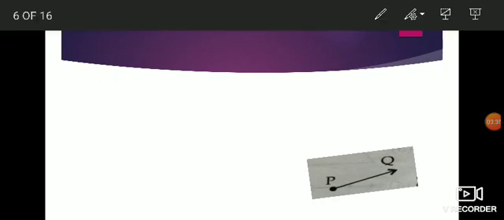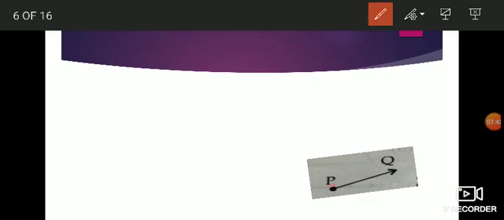Now the next topic we will see. These things are very important in geometry students, so pay attention. See in this figure, it is called a ray PQ because it has one end point. Here see, it has one end point and it extends on the other side.